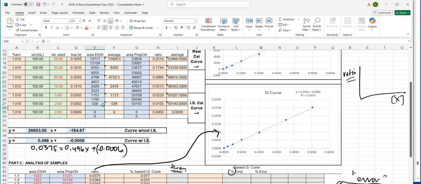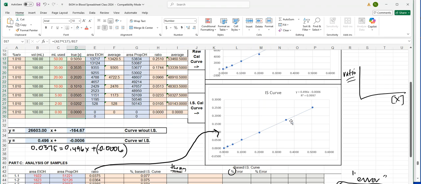We had a bogus standard here that was made. The area just didn't quite make sense, so we kicked it out. We just knew that because it was like hundreds of thousands when our highest standard here was 13,000 instead. Those ratios get plotted on the y-axis. The concentrations get plotted on the x-axis.